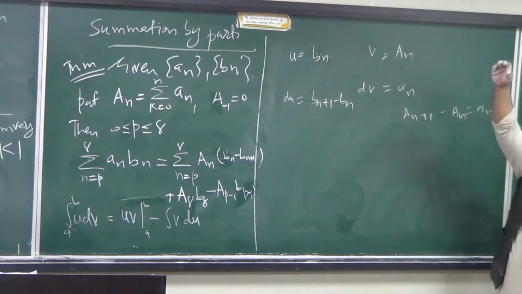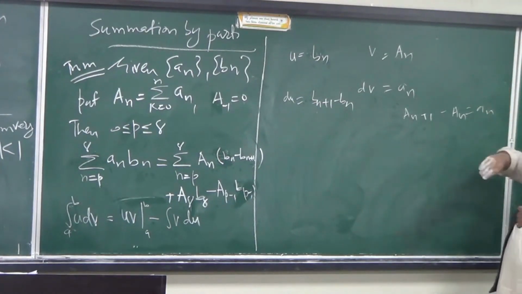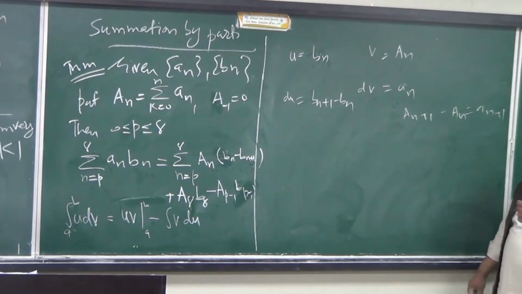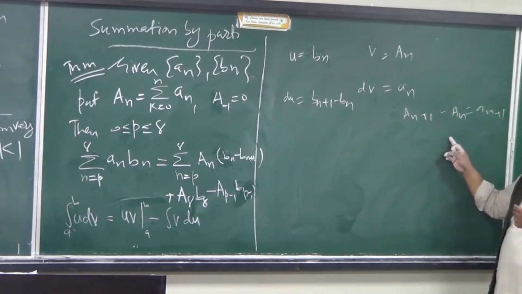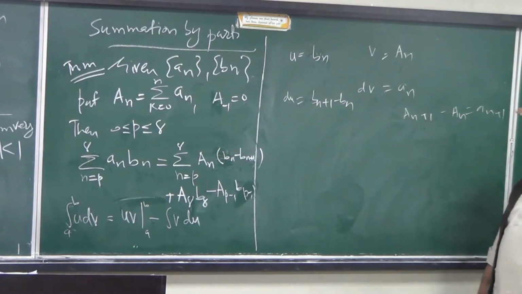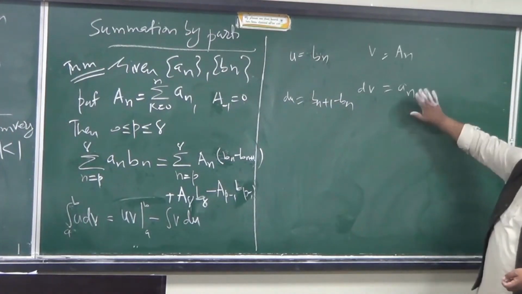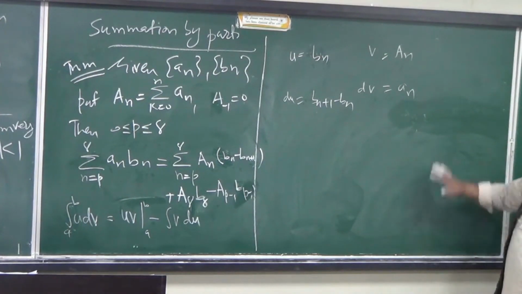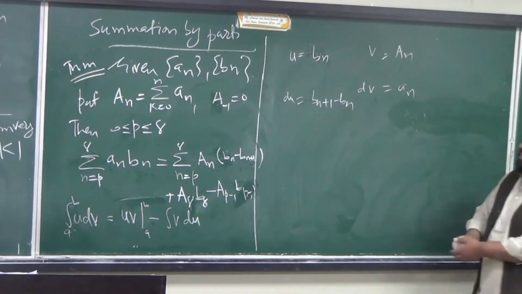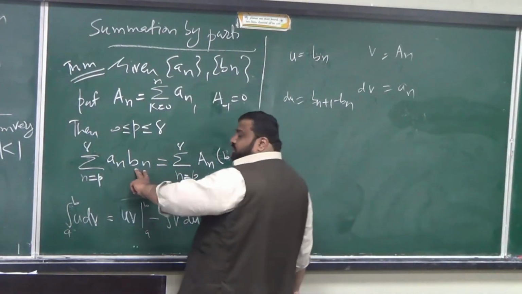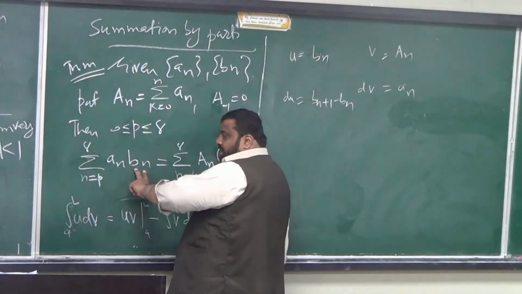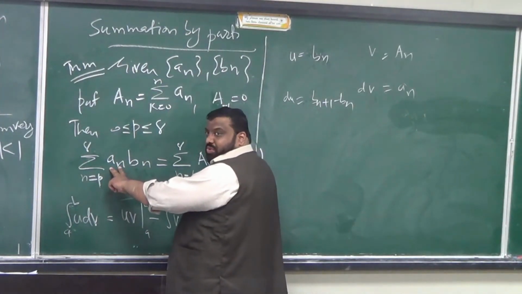This is the sum from 0 to n plus 1, and my An is the sum from 0 to n. You take the difference, so it's going to give you the one. So I can interpret V to be An and dV to be roughly small an. So if I keep this in view, my Bn is U, and my An is dU.